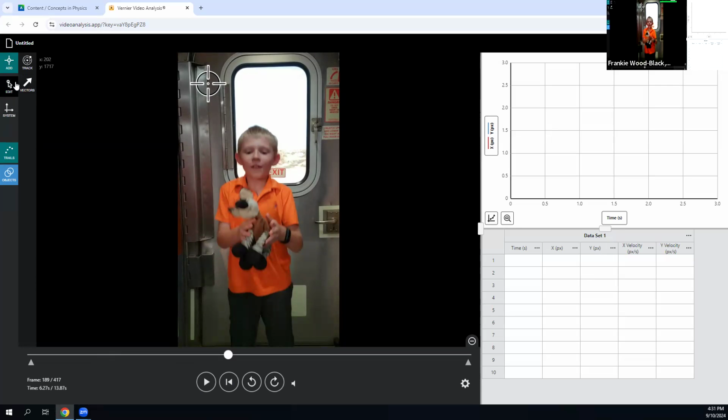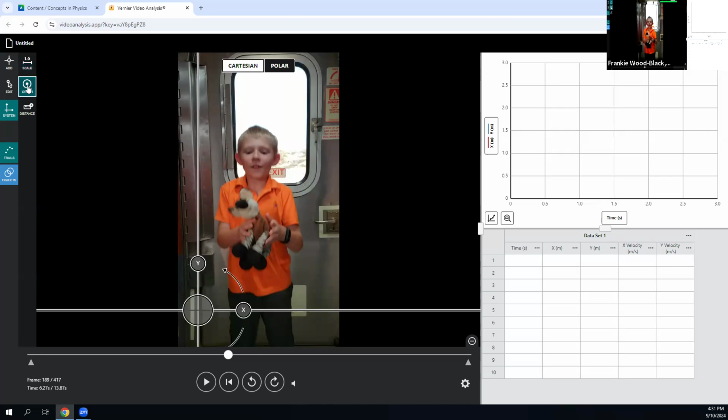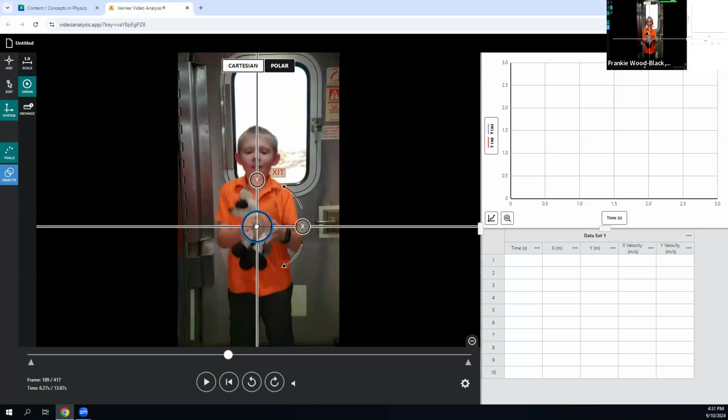So I'm going to give myself a coordinate system. That's probably about 0.75 meters, just remembering what my dimensions are, because we're just going to look at the behavior.